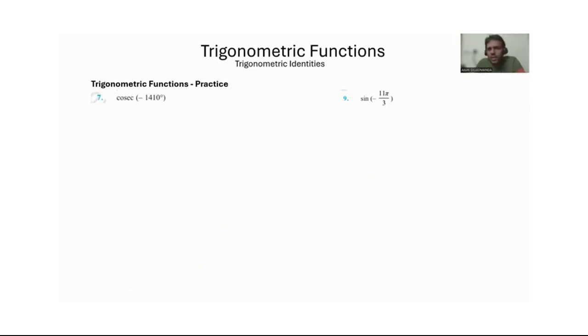One is to convert these angles into degrees or radians. But let's continue with minus 1410. So cosecant value, first I can solve it. But first let's see how many revolutions this minus 1410 is making.